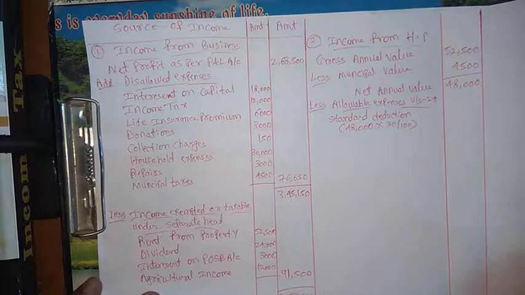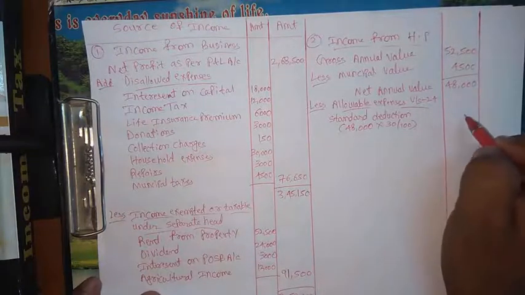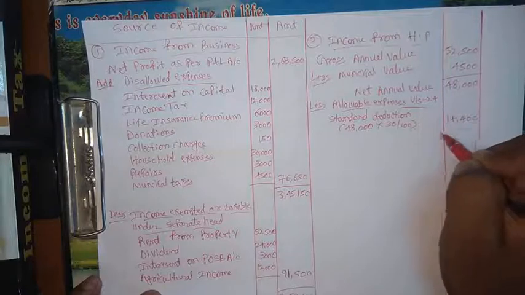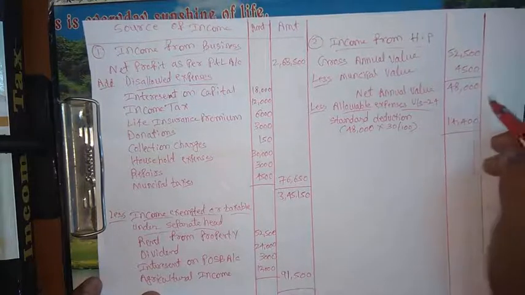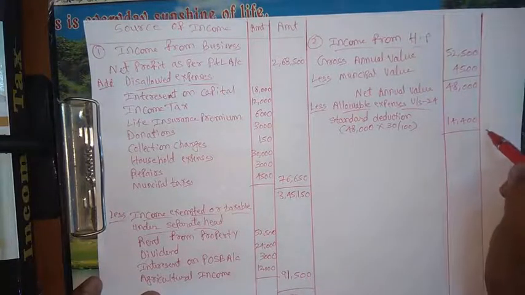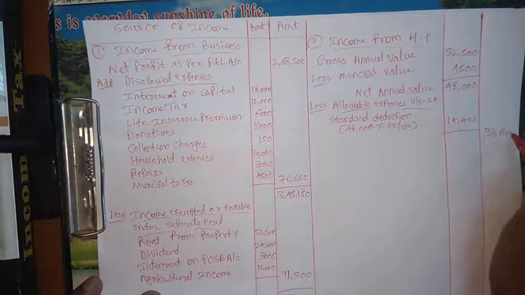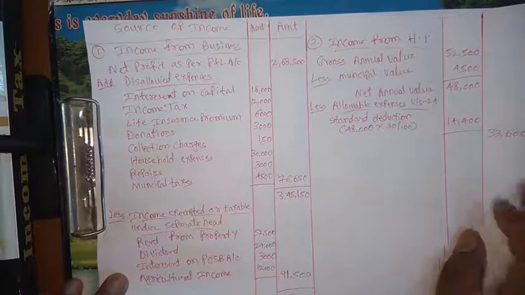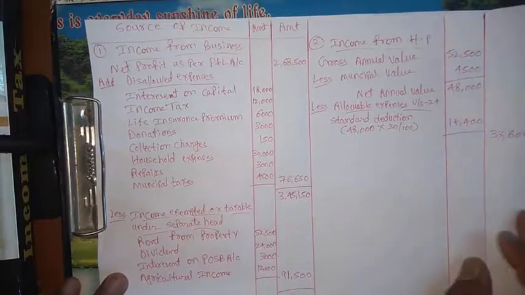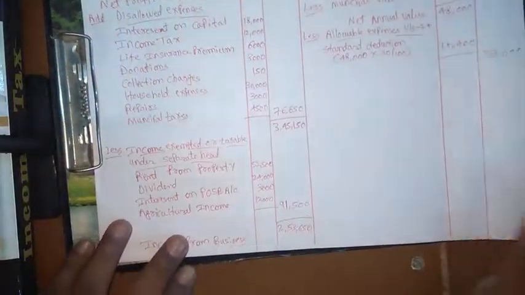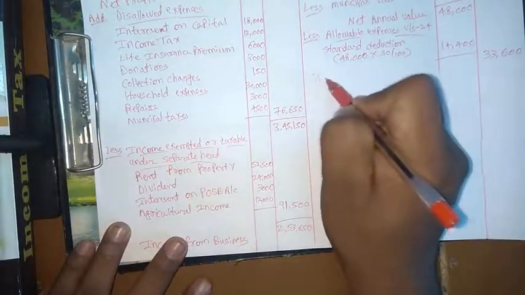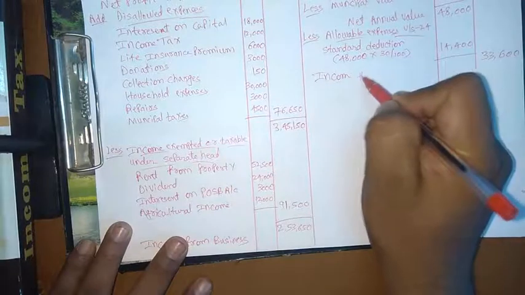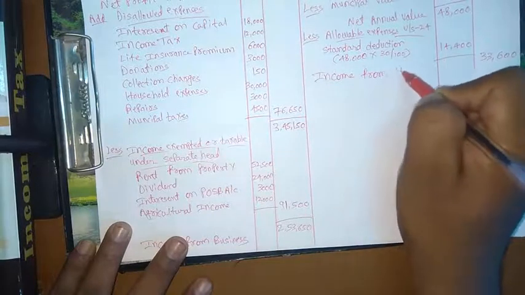So the deduction amount here is 14,400 rupees. So it is 33,600. This amount is called income from house property.